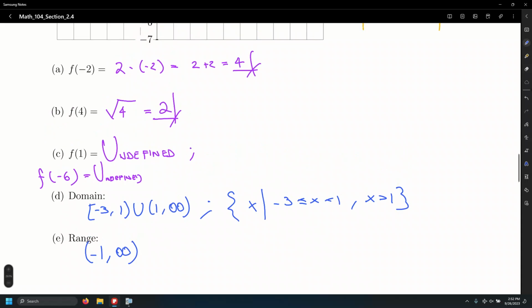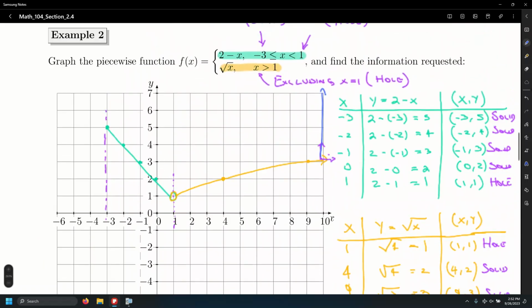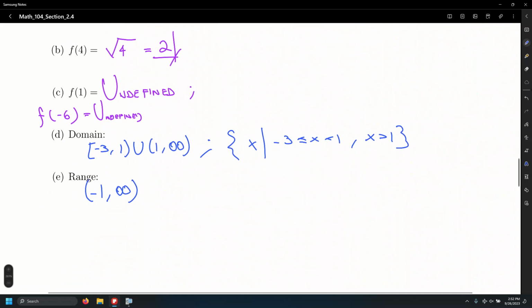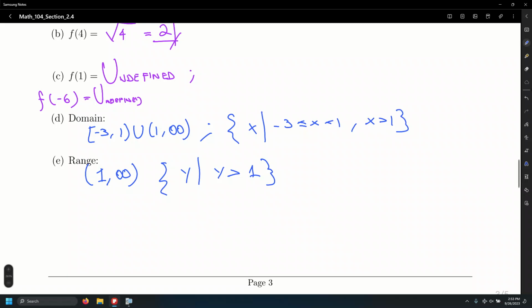Essentially, just copy these two inequalities. And for the range, this one is a lot simpler to do. That is y such that y is greater than, oh, not -1, actually +1. I don't know where that -1 came from. So 1. All right? And that's how we get the domain and range for this function.